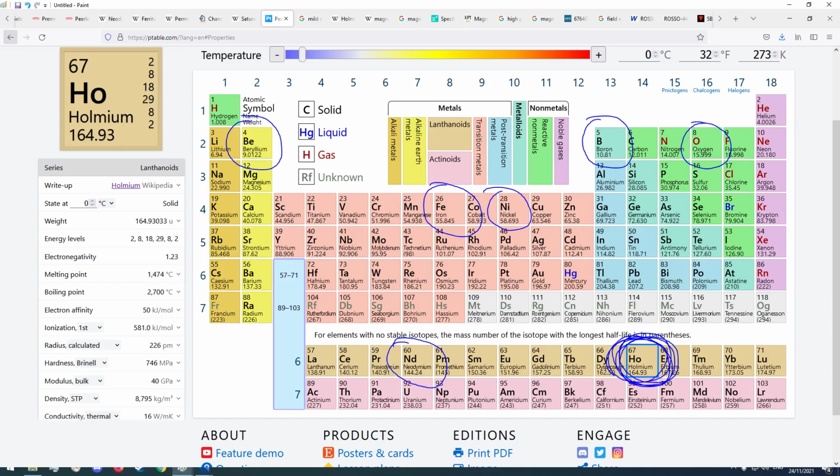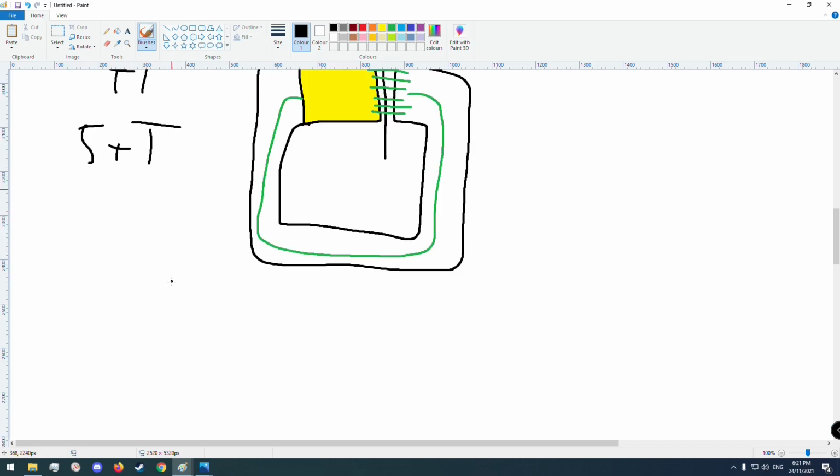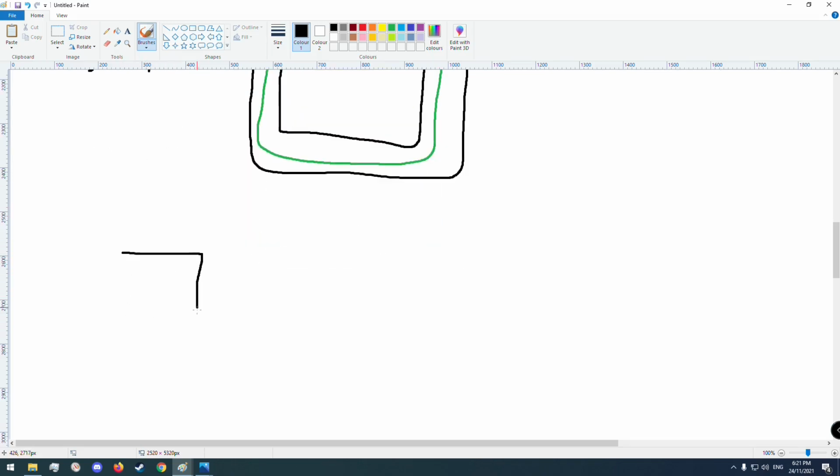Now, I did a bit of research on it, and from what I can tell, pure holmium can transfer 4 Teslas worth of magnetic flux, and I believe there are some alloys that can transfer 5+ Teslas of magnetic flux. What this means is you can get a neodymium magnet and channel its flux down to a really skinny point.